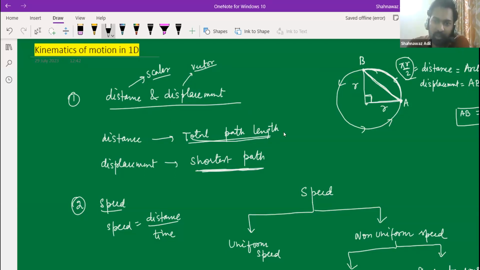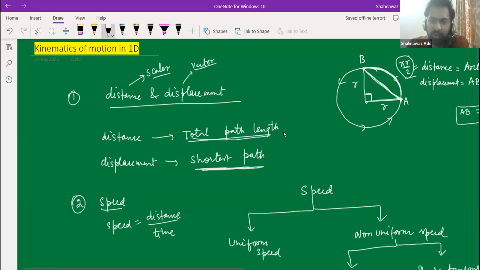But whenever we are talking about motion in 1D, if the object is not returning, if it is moving in the same direction, then the magnitude of distance and displacement are both equal, if the object is moving only in one direction. So yeah, this is the key point, right?